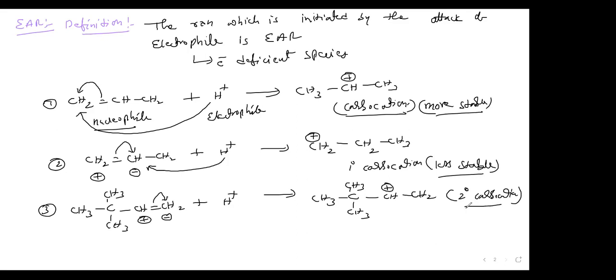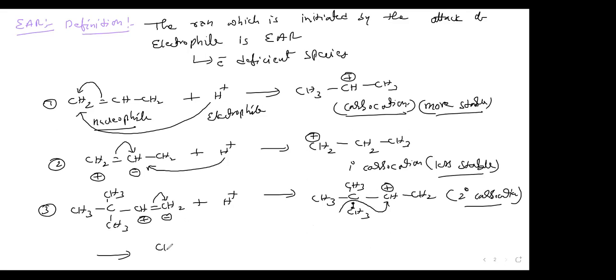Please make sure of a very important point. In any reaction, if a carbocation is an intermediate, we need to check its rearrangement. It is compulsory. Whether there is a possibility of rearrangement or not, we have to check for that. Now, this is a 2 degree carbocation. Is there a possibility of forming a 3 degree carbocation, which is more stable? Here the complete methyl group shifts, along with the bonded electrons.